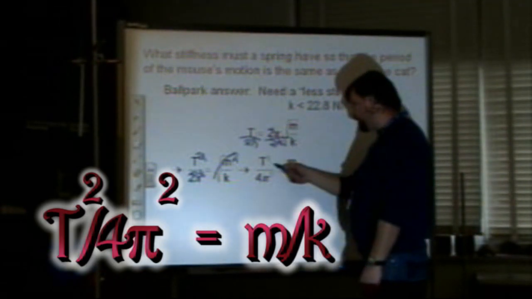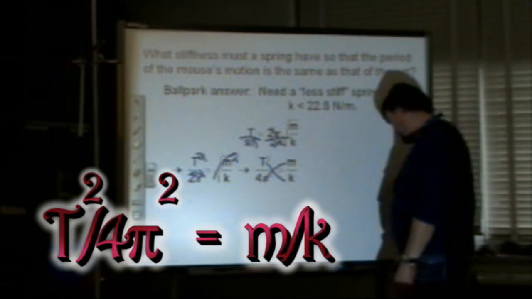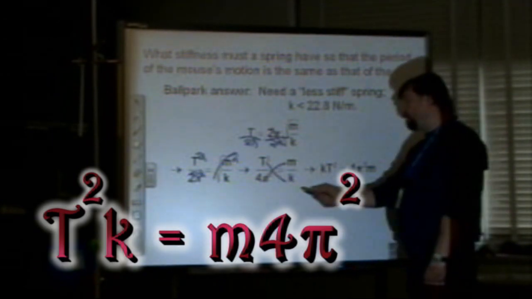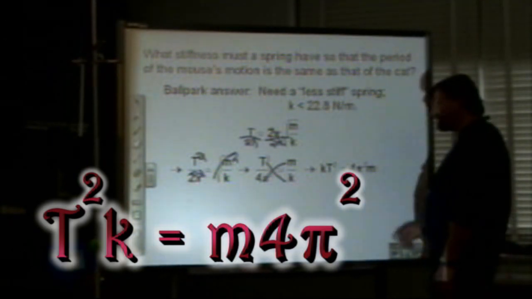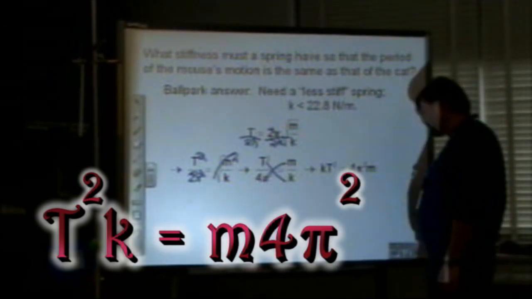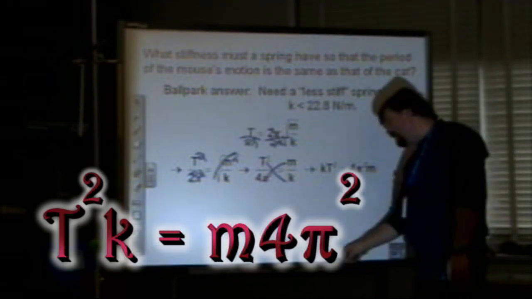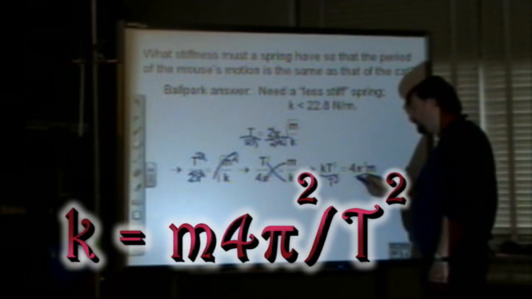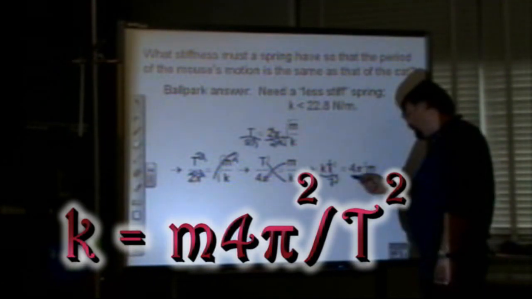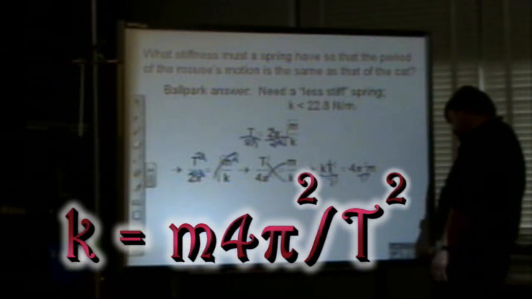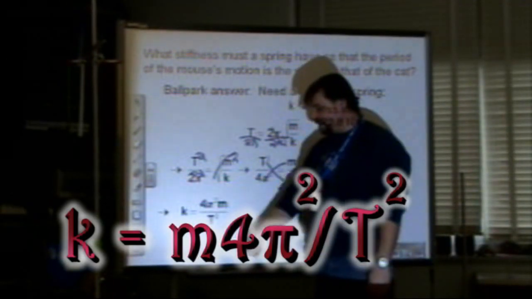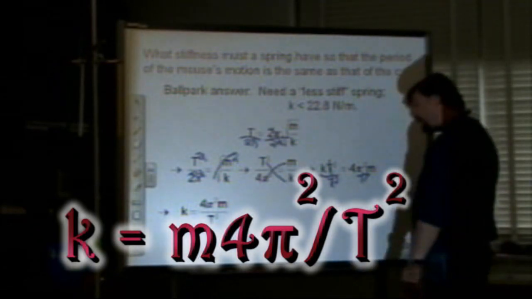And now if we cross multiply, we can see that 4 pi squared times the mass is equal to the spring constant times the time period squared. And now if we just divide by the time period squared on both sides, we have our new equation that's solved so that we can quickly find the spring constant.